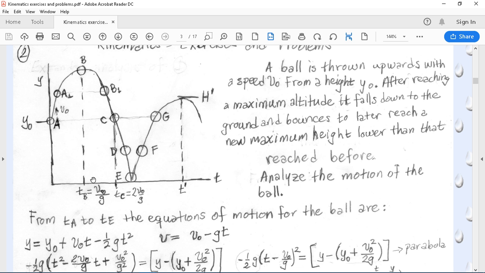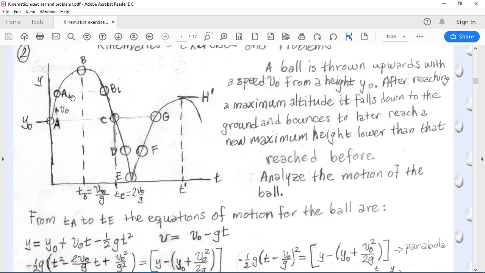It is between V0 over G and 2V0 over G, as TA1 is between 0 and V0 over G. YB1 is between H and Y0.